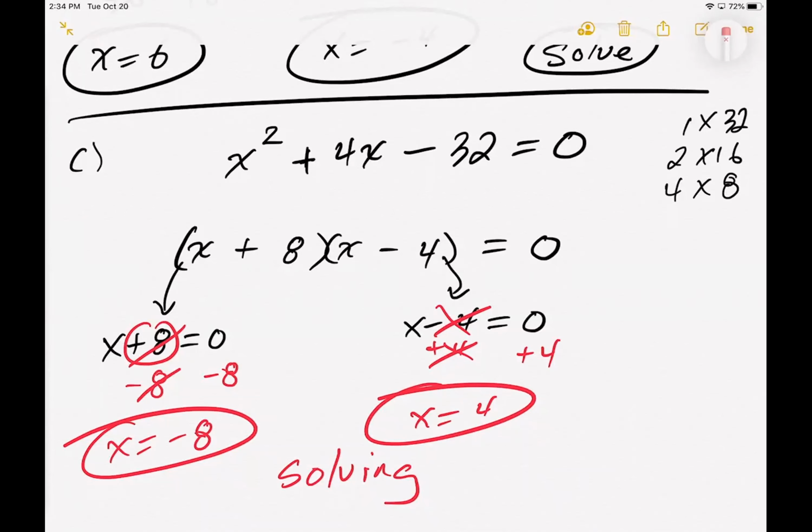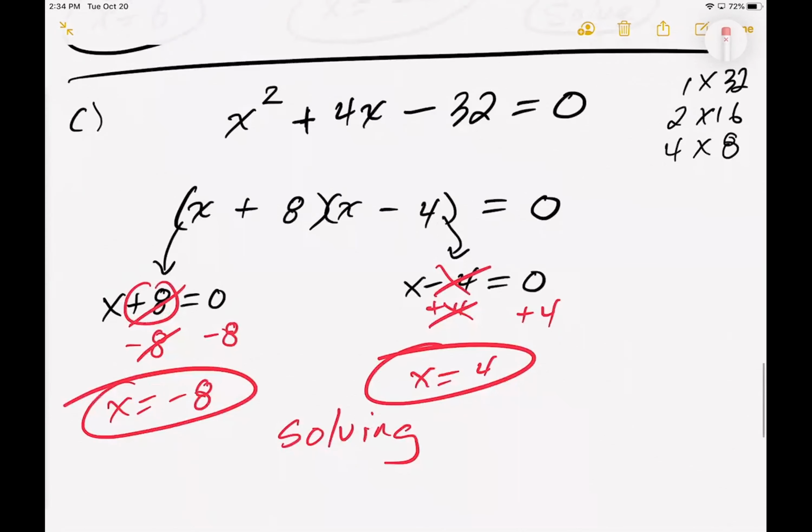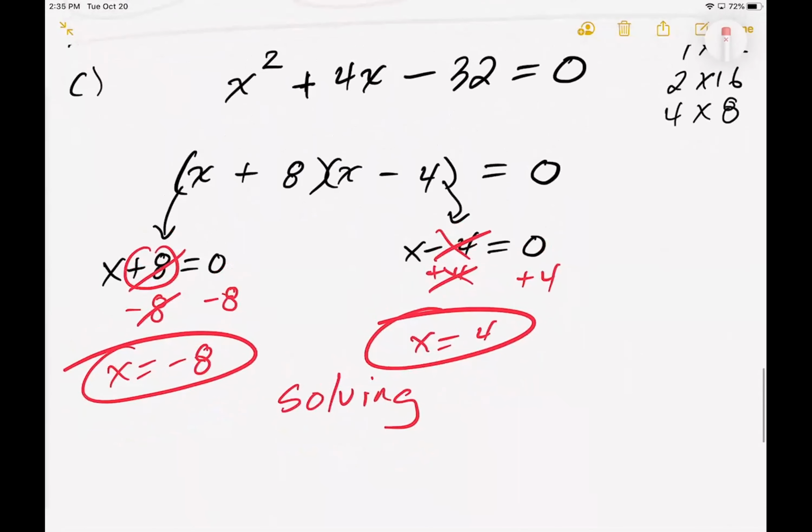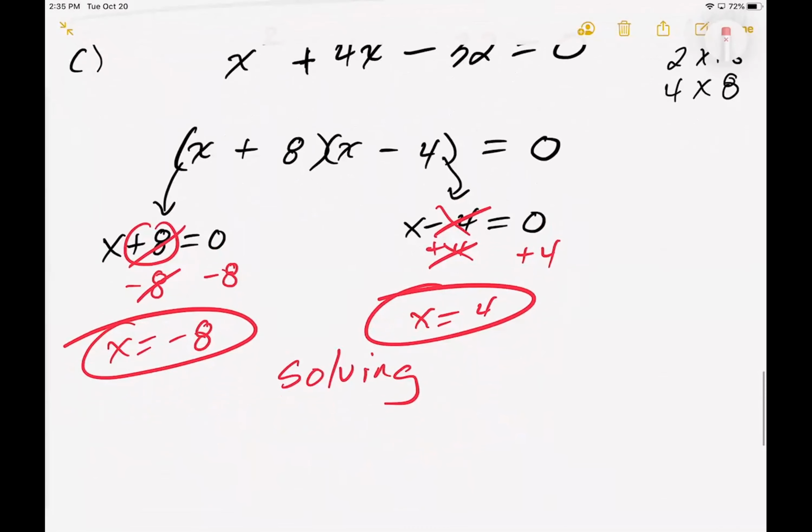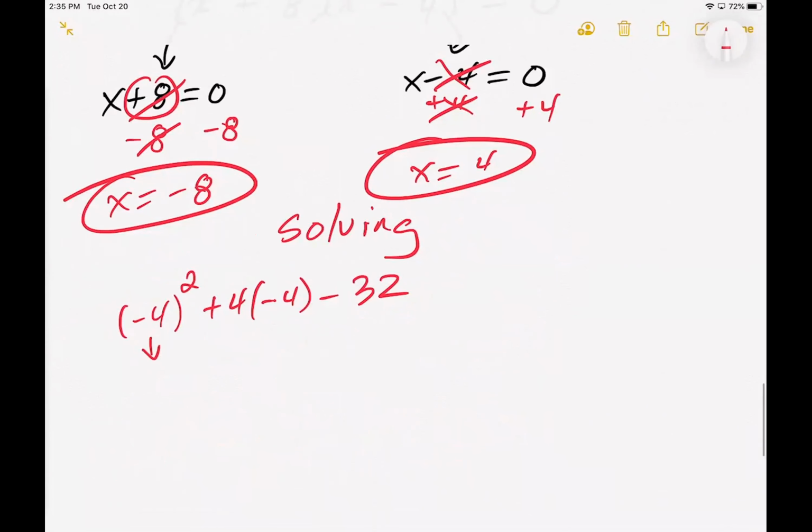16 and 2, 16 times 2 is 32, but 16 minus 2 is not 4. If you put in -4, it's not going to be correct. If you check -4 squared plus 4 times -4 minus 32, this gives you a positive 16.